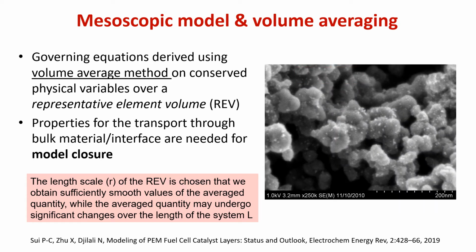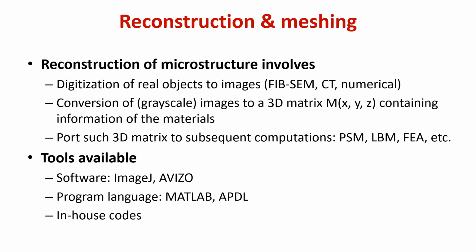For the derivation of a mesoscopic model, I would like to refer you to check out our recent review paper. For reconstruction and meshing, the first step is to reconstruct the microstructure. To do this, we could use images from all sorts of advanced microscopy techniques, such as the FIB-SEM and XCT. We can also simply reconstruct the structure numerically based on observation from microscope images.